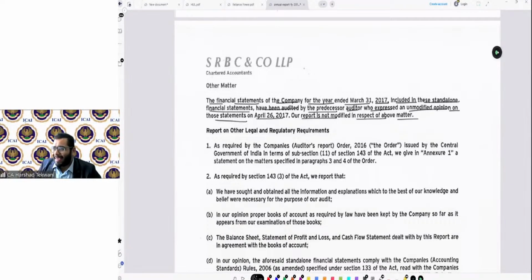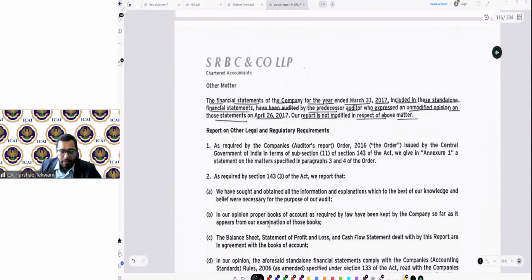What my SA says is that I need to refer to the predecessor auditor's report on the corresponding figures and decide, and if I decide to do so, then in my auditor's report, in the other matter paragraph, I need to provide the details that the financial statements were audited by some other auditor, the type of the opinion, and the date of the report.